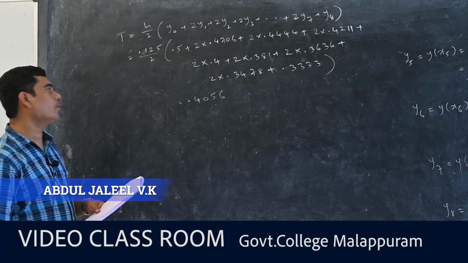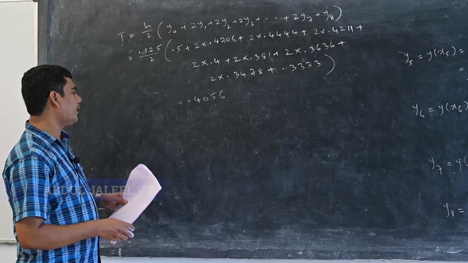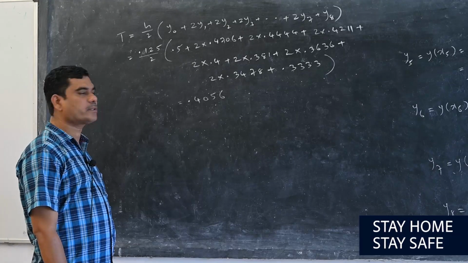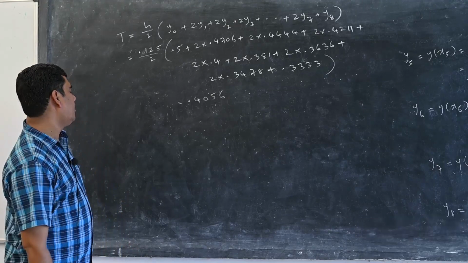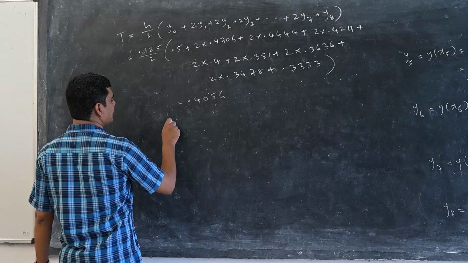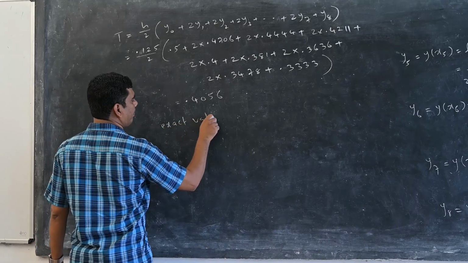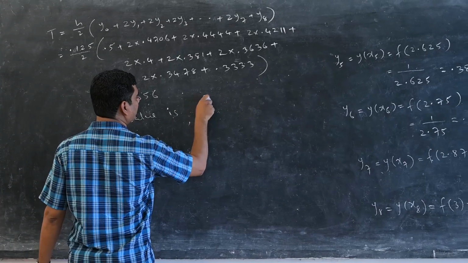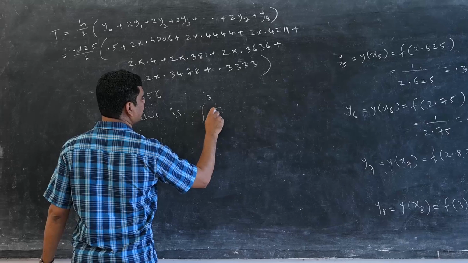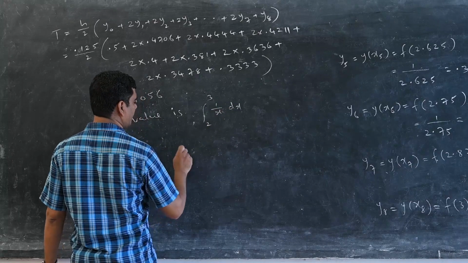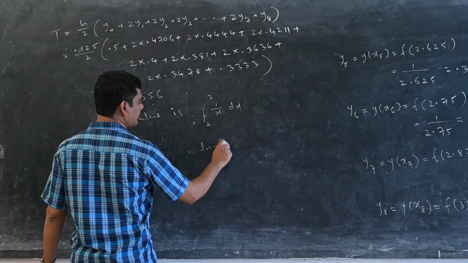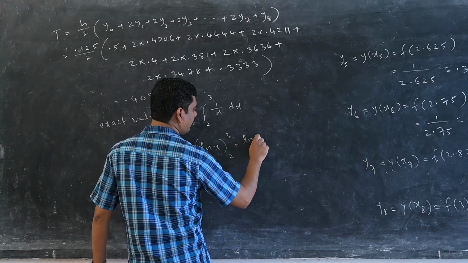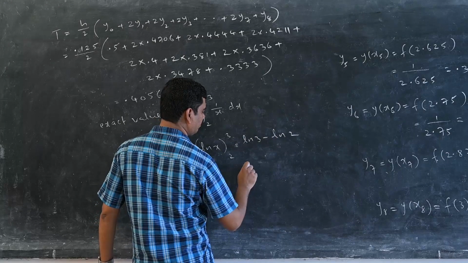This is the approximate value of the integral from 2 to 3 of 1 by x dx using the trapezoidal rule. Now the exact value: the integral from 2 to 3 of 1 by x dx is equal to ln x with limits from 2 to 3. It is ln 3 minus ln 2.